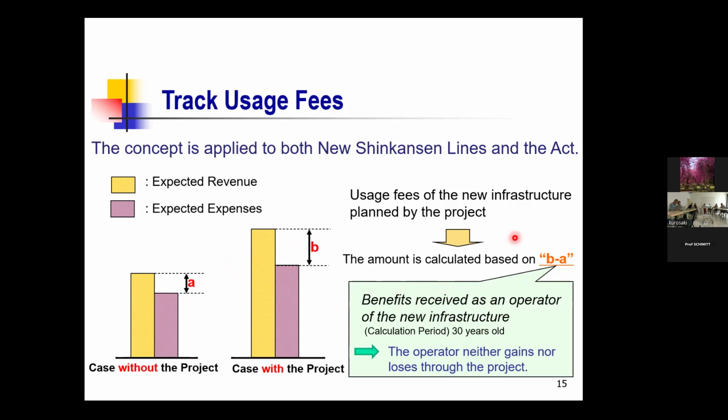This means that as long as the demand forecast is correct, the operator does not increase profitability even after the project. This is very interesting point because the payment of the track usage fee plays a very important function to adjust the relationship between the public sector and private railway companies.